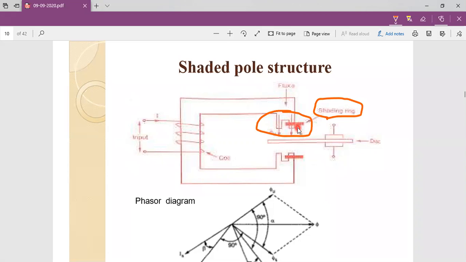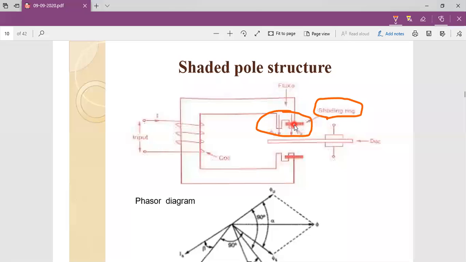According to Lenz law, the statement is: the effect always opposes the change in cause. Am I right? Here the effect is induced EMF, and the cause is alternating flux.